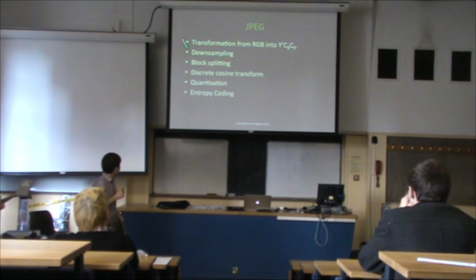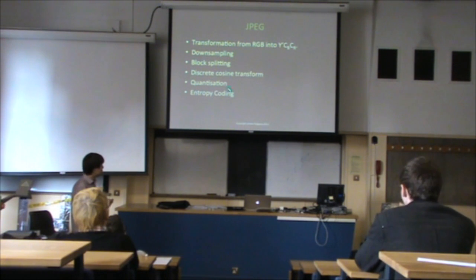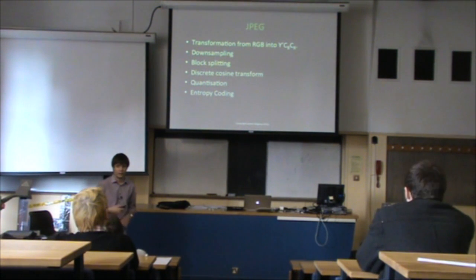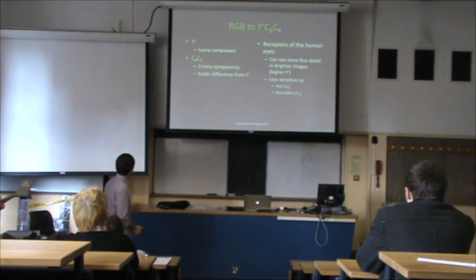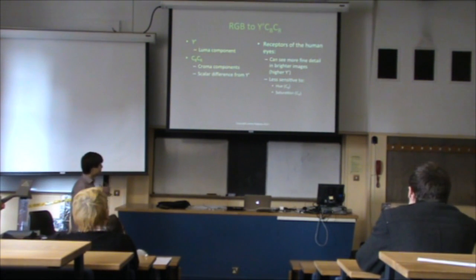These are basically a summary of the steps involved in producing a JPEG image. You can exploit the discrete cosine transform, the values it gives you after the quantization process, to embed stuff, and I'll show you how that works. But before we get started on that, I'm just going to briefly explain what this is.